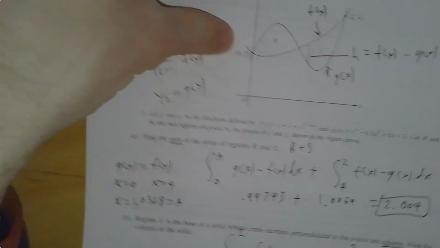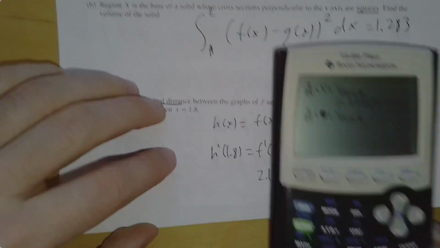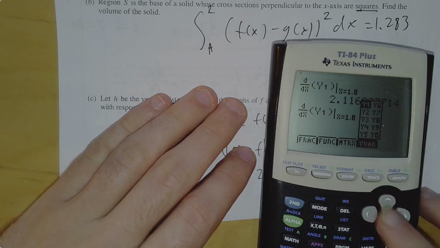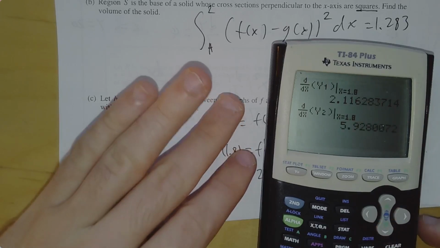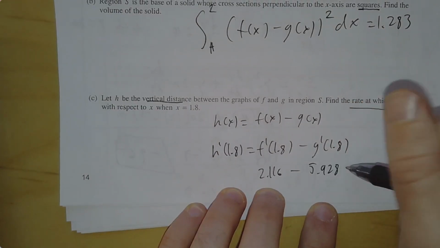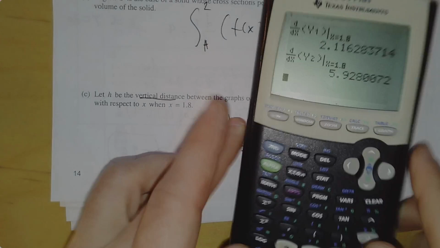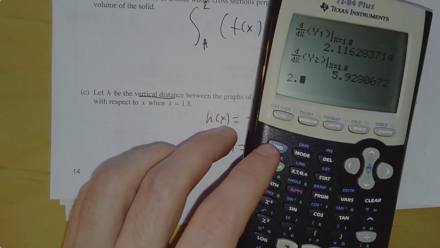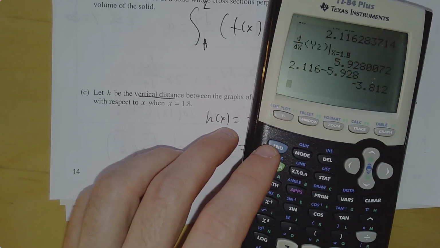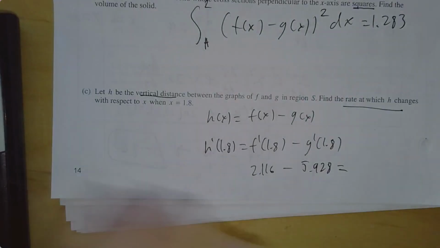That's not a mistake you want to make. Definitely label them. There, y2, 5.928. So we have 2.116 minus 5.928, negative 3.812.